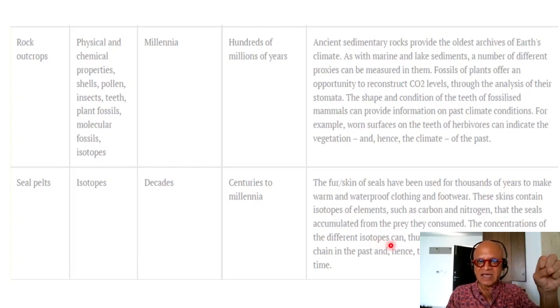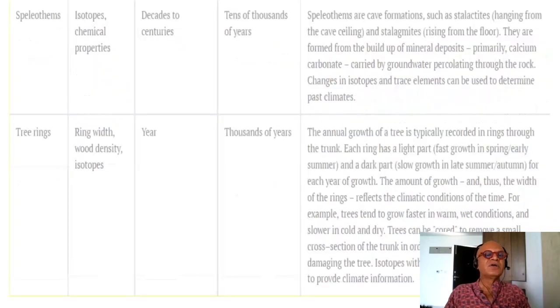They are eating some diet, and that prey is giving them the chemical composition in their furs and teeth and bones and so on. The concentrations of different isotopes can thus indicate the structure of the food chain in the past and hence the environmental conditions of that time.